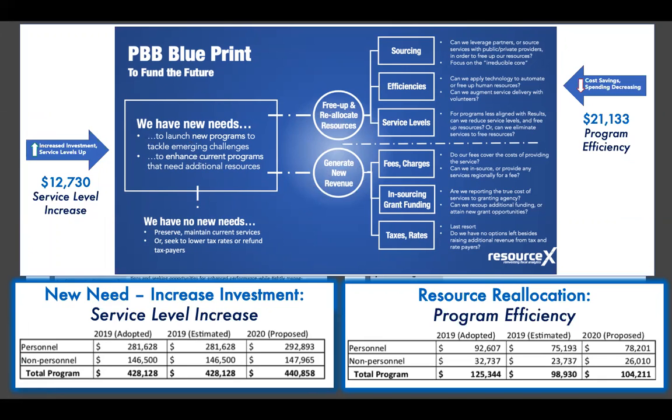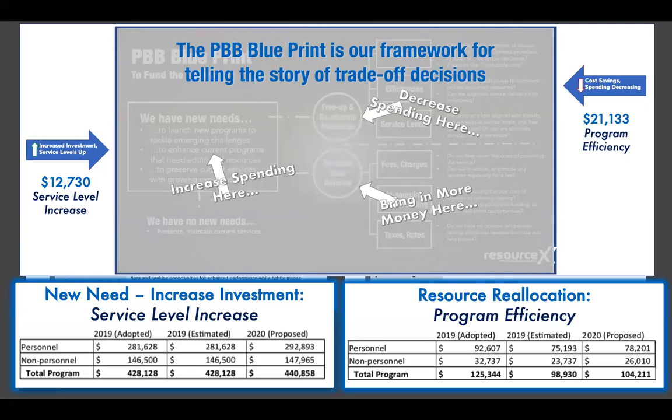But if you consider that each department has somewhere on the order of 20 or 30 or more programs, the hope is not everything is on status quo, and certainly not everything is on service level increase, that there would be some programs they could identify where they really do want to do less of this program overall, or they see a program efficiency that they might be able to attain, or there is a revenue generating opportunity. The hope is that for a very small percentage of programs, they can start to get used to making a recommendation about the direction that the program is headed.